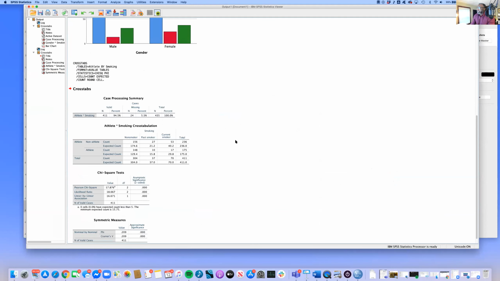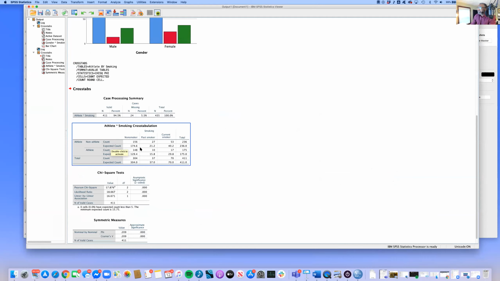So right from the bat, you see this cross tabulation that looks very similar, but then you see this observed count and you see this expected count, okay? Now, again, expected says that this is what I would expect if there was no relationship between athletes and smoking.